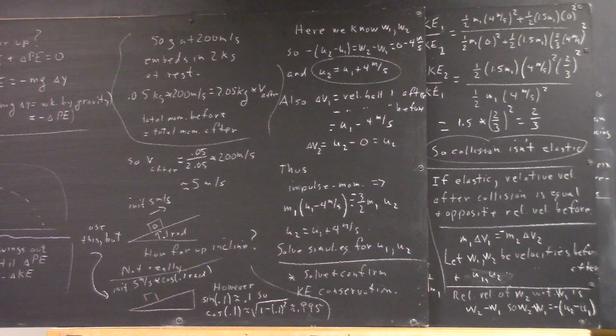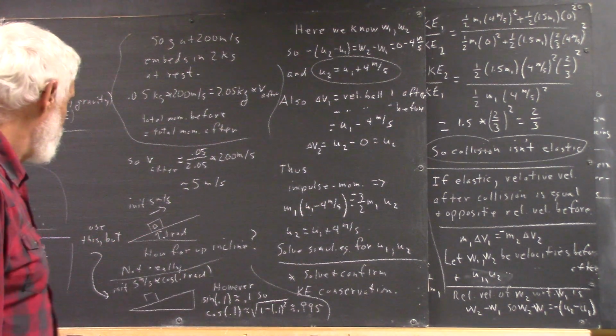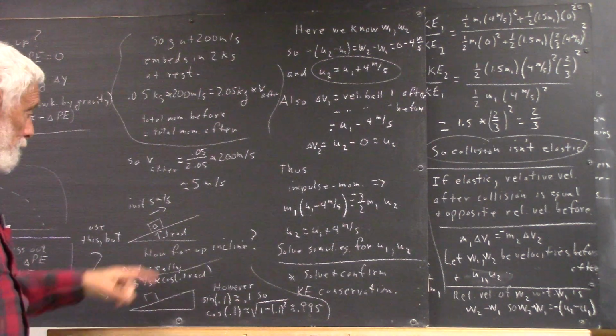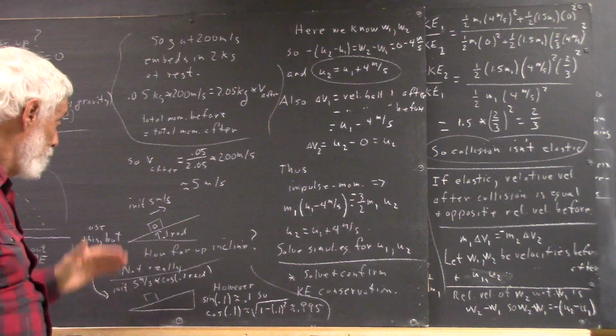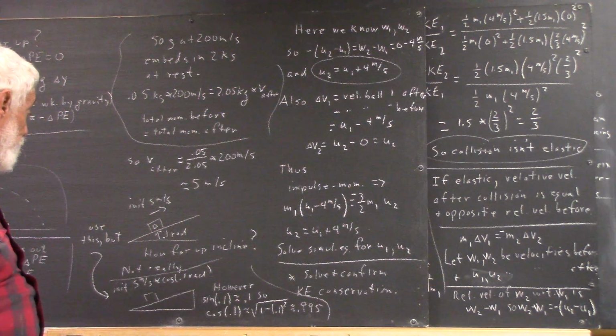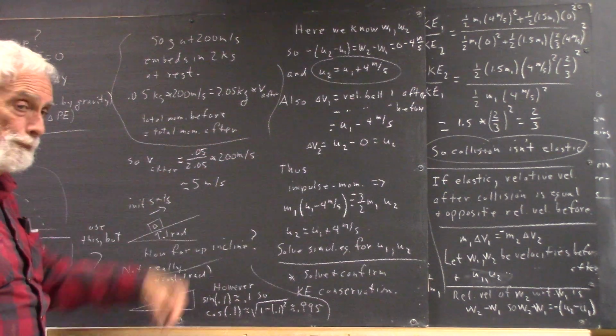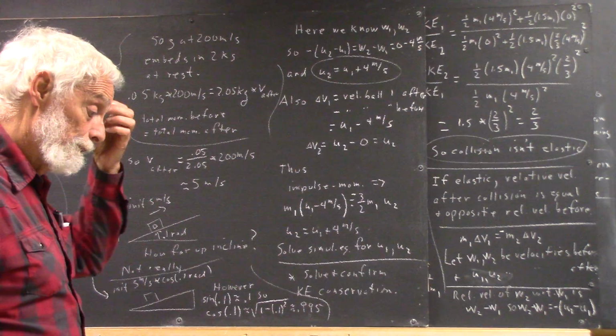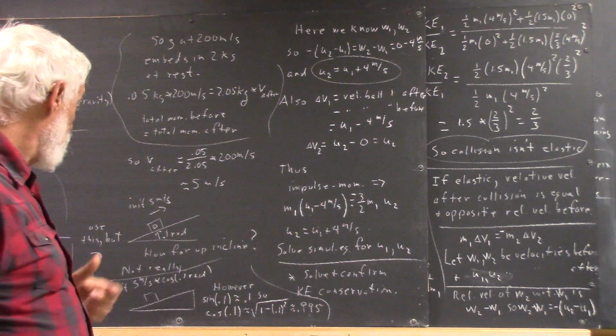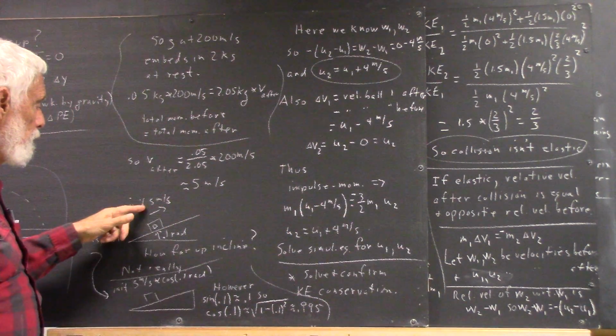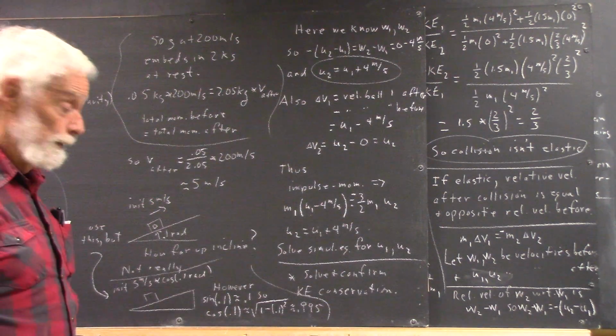Okay. Now, another situation, you have a slope at 1/10 of a radian above horizontal. And the bullet hits this thing and gives it a velocity up the incline. Now, it turns out that it doesn't really give it a 5 meter per second velocity along the incline.